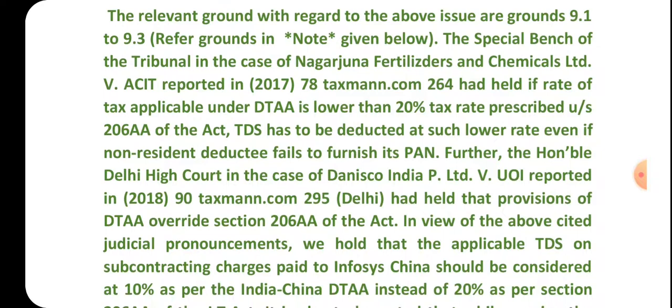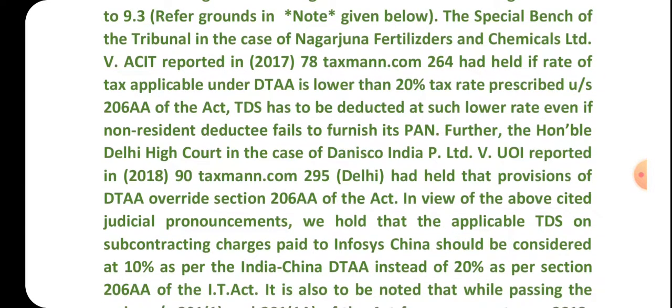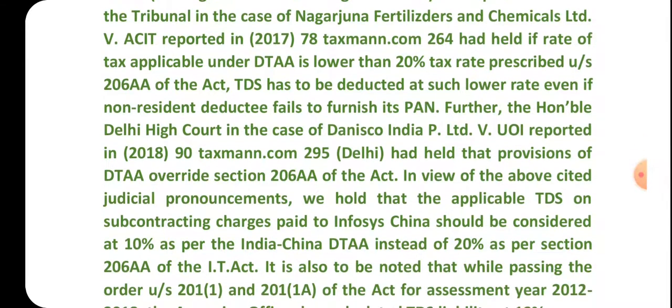Further, the Hon'ble Delhi High Court in the case of Danisco India Private Limited versus Union of India, in 2018, held that a provision of the DTAA overrides section 206AA of the Income Tax Act.